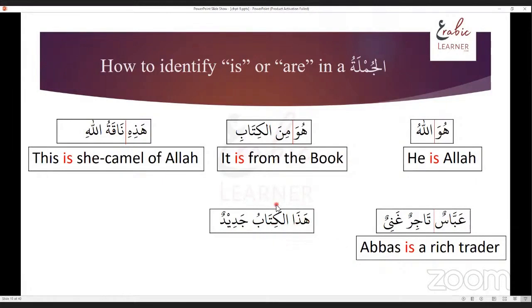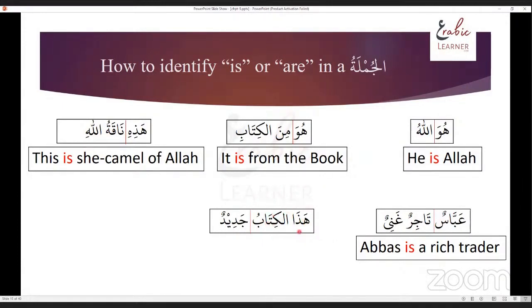One sister said after kitabu. Why, sister? You are right. Give me the reason.